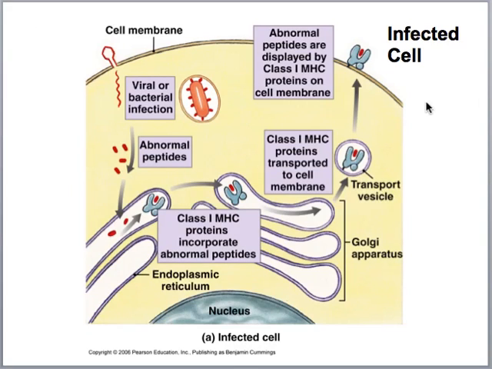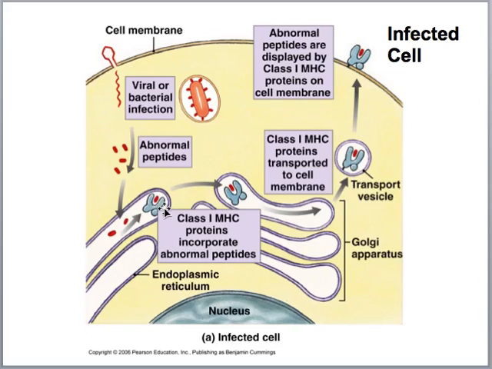So here's a picture of our infected cell. There's the virus. There's its little protein coat. It's injected its genetic information here. This is a bacterium. So we're showing you a virus and a bacterium. And these little abnormal peptides, which are the antigens, are going to be taken up by the class 1 MHC protein.